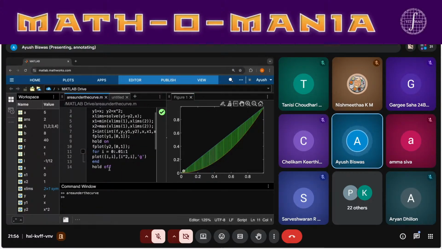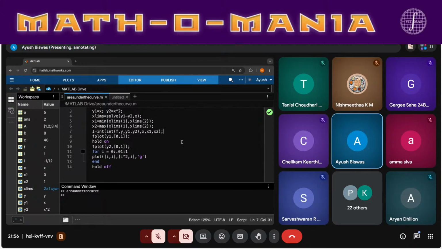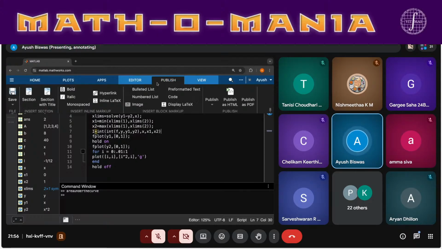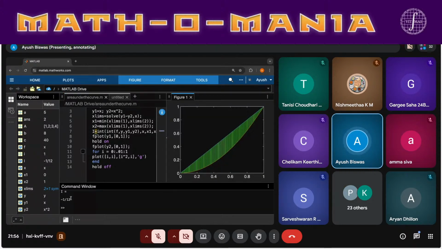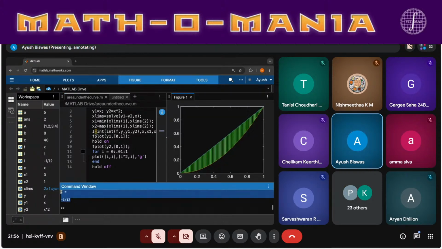And that's basically the end of this code. Now, as you may see, close the figure. If we run this again without the semicolon after the I, it also gives us the value of the area under the curve.